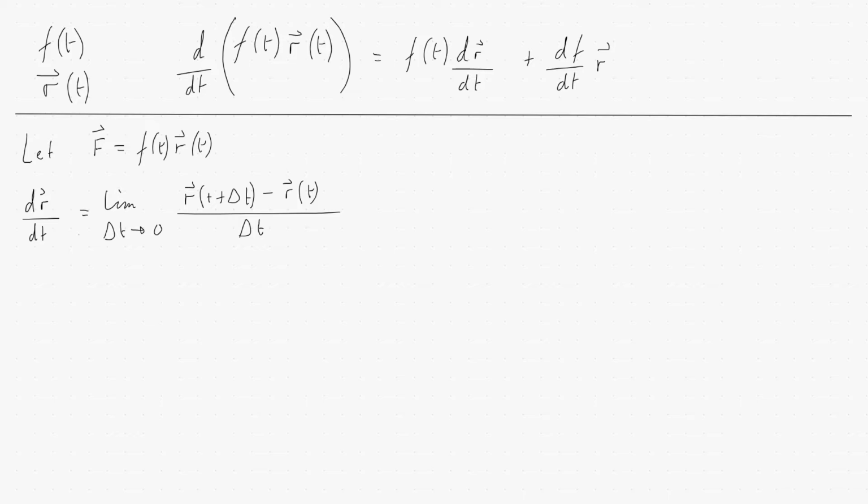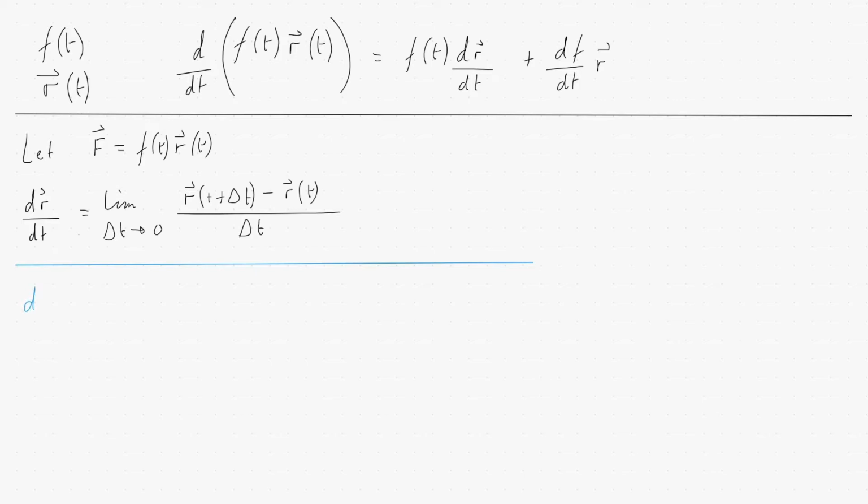So now that we've defined what the derivative is and our new vector, we're going to want to combine these two ideas. Let's start off with taking the derivative of F and just directly applying the definition.